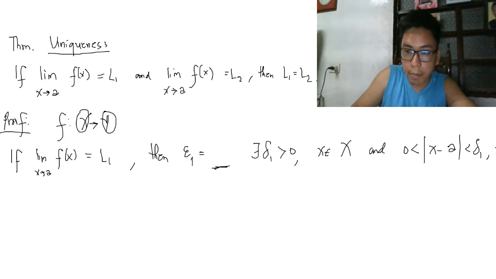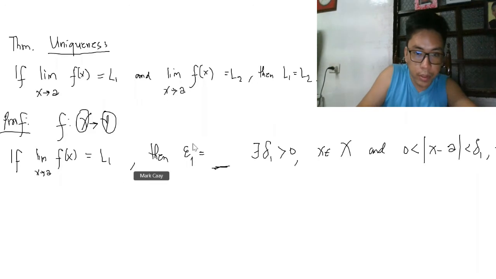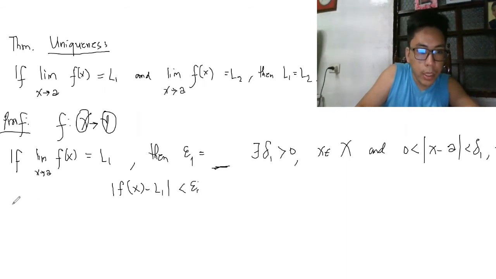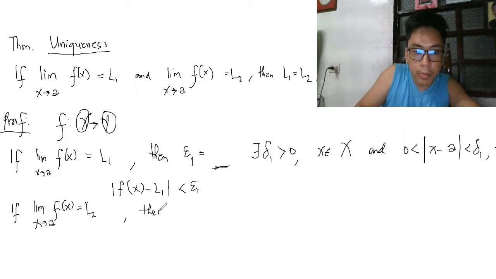Then the absolute value of f of x minus L1 is less than epsilon 1. In a similar way, if the limit of f of x as x approaches a is also L2, then the same thing happens.